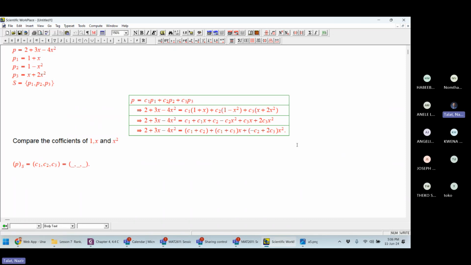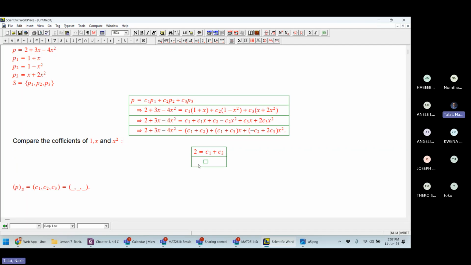If you compare the coefficients, then you can find the solution for C1, C2, C3. For the constant comparison, there is a 2 on that side, and on the other side it is only C1 plus C2.